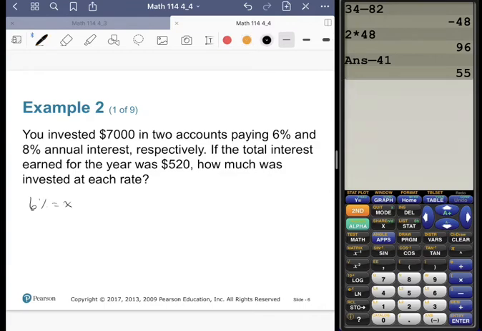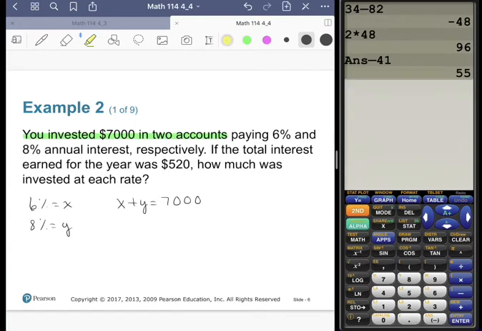So 6% is going to be represented by X, and 8% will be represented by Y. Now it says you invested $7,000 into two accounts. So therefore, all the money went into those two accounts. So I can say that X plus Y is equal to $7,000 because everything's there. So that would be my first equation.